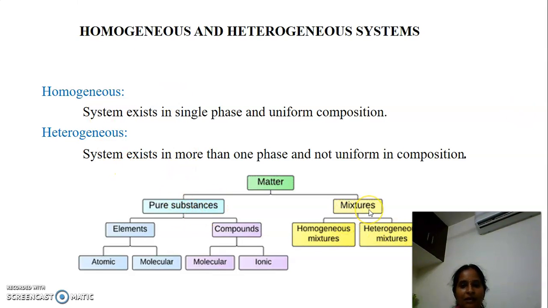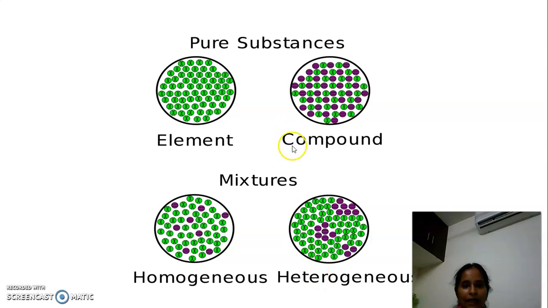But mixtures involve only physical mixing, homogeneous mixtures or heterogeneous mixtures. They will not be chemically bonded. Here you can see clearly from this picture what an element is: the molecules or atoms present in the system are uniform. For a compound, you can see the combinations of atoms. For mixtures, homogeneous means the distribution is the same, in a single phase, uniform throughout the system.